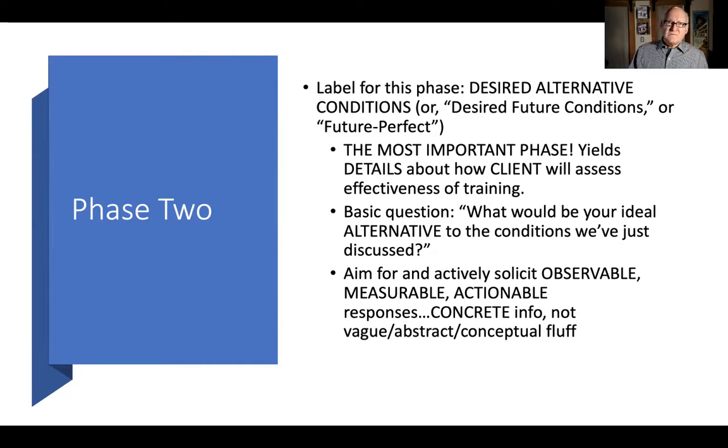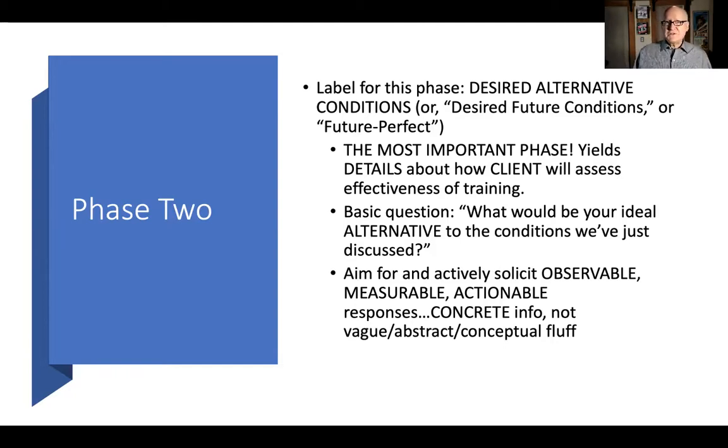In fact, the more you do that, the more time you're spending in the current conditions phase. But in this phase, you definitely want to get that person thinking, okay, when this training specialist asks me a question, I got to provide detail. And you want that person to be able to do that. And also, you want the person to want to do that.